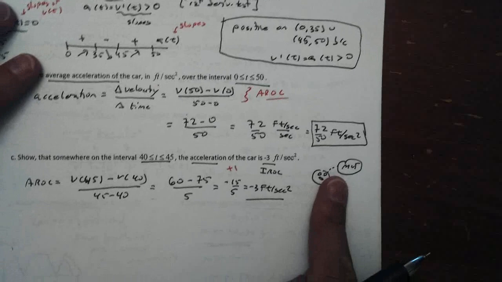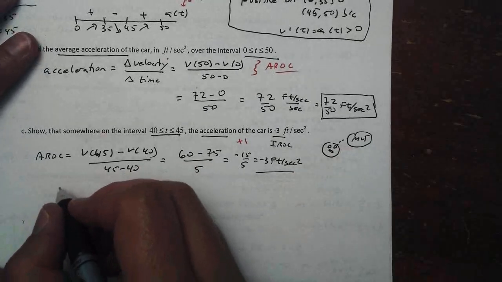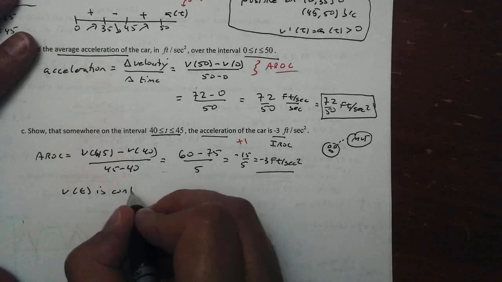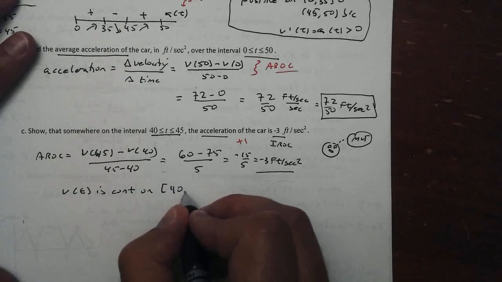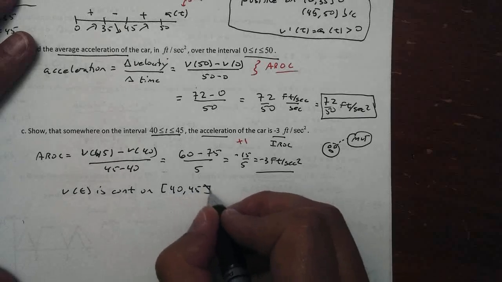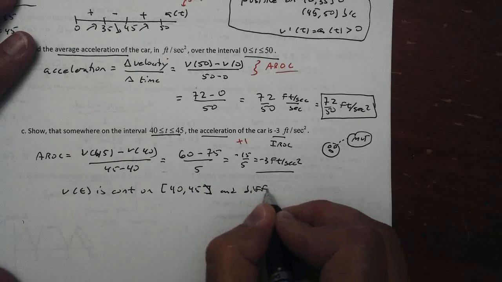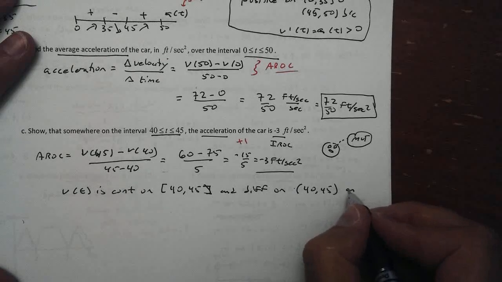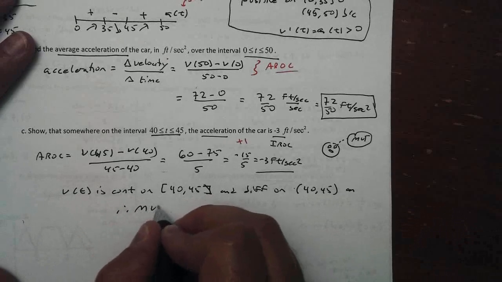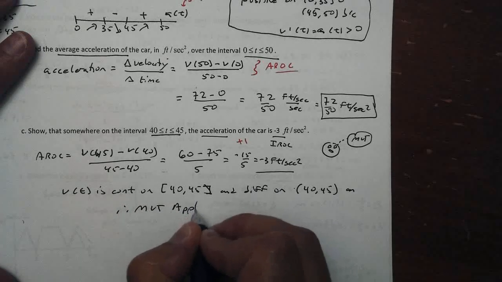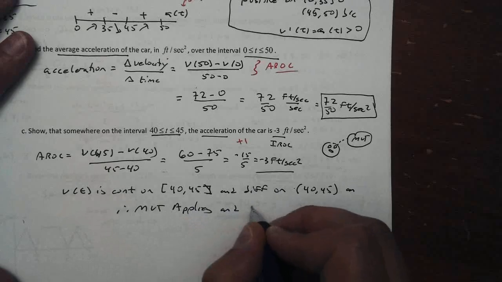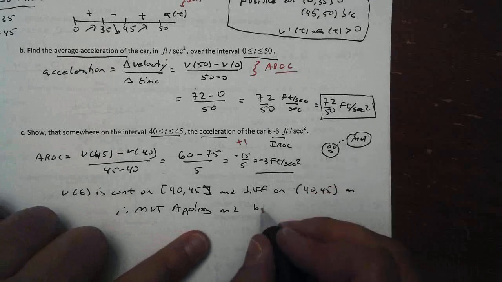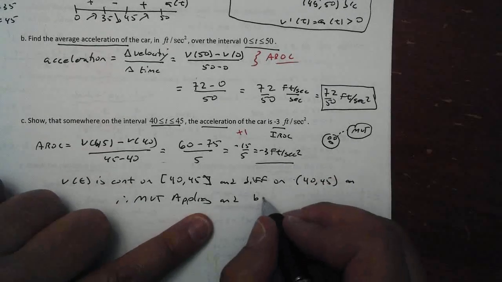Remember what I was thinking, MVT. So we would say, our velocity graph is continuous on that domain they gave us, 40 to 45, closed bracket, and differentiable on the open interval 40 to 45. Therefore, MVT applies. Normally we would say the slope would have to be negative 3, but we're going to write this one a little bit differently.